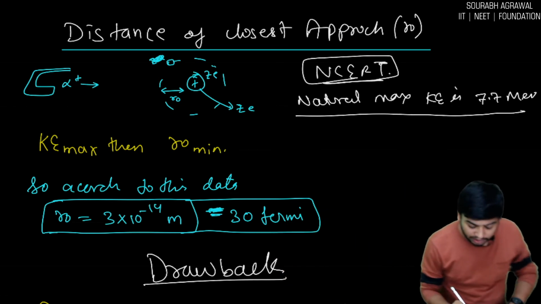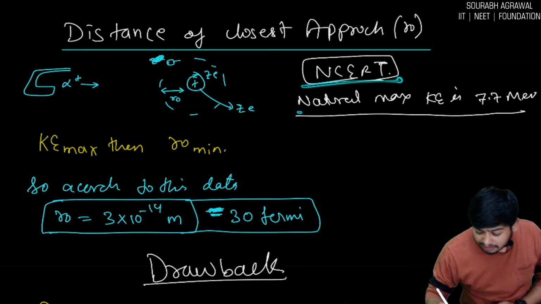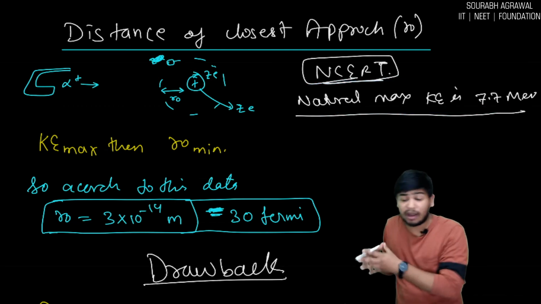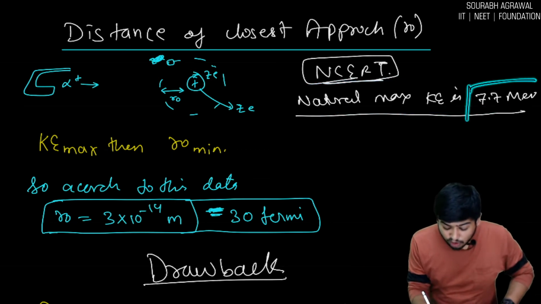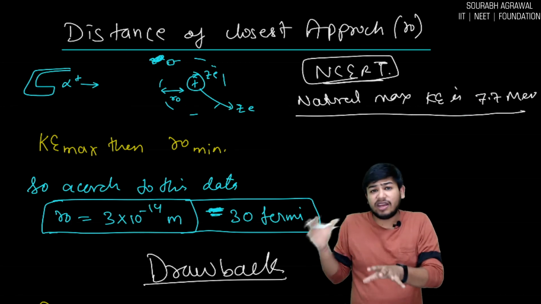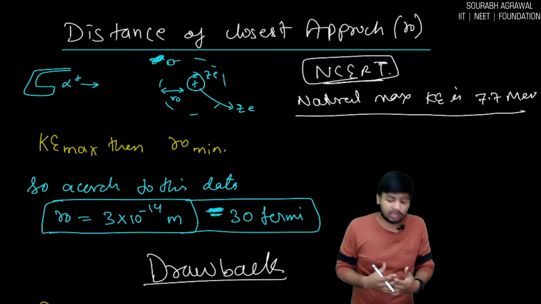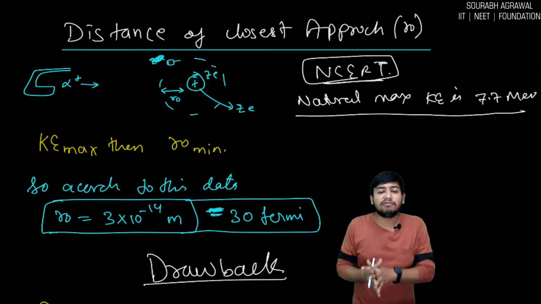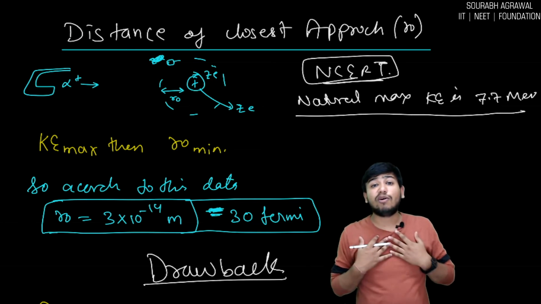According to NCERT, the maximum kinetic energy that this alpha particle can have naturally is 7.7 mega electron volt. This is NCERT data. Some different books and authors give slightly different magnitudes, but we will go with NCERT.